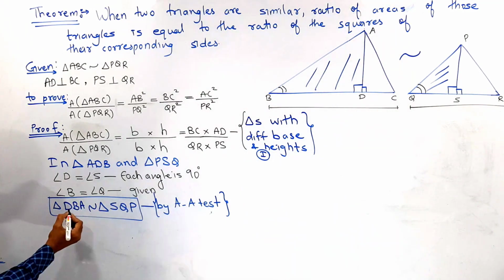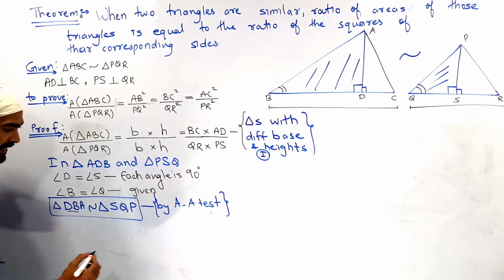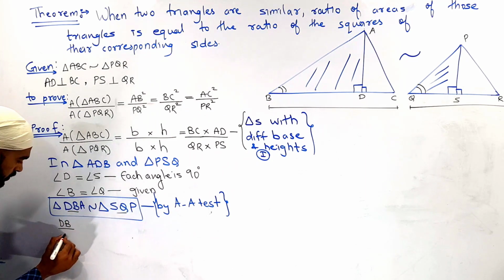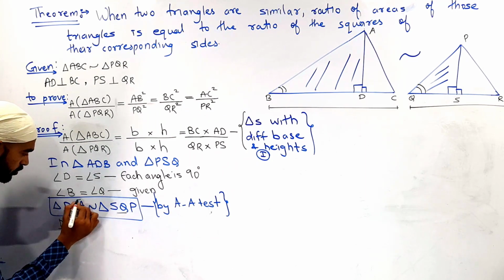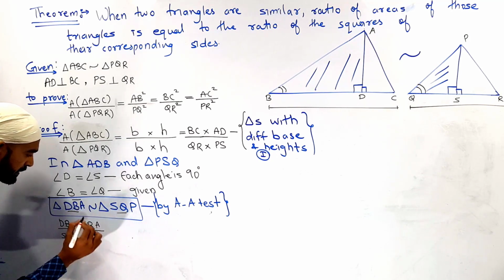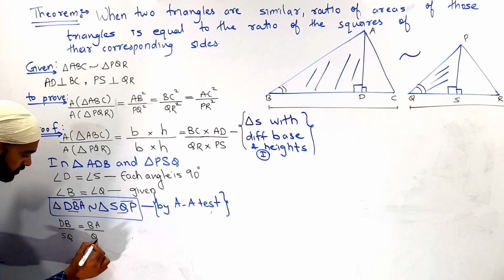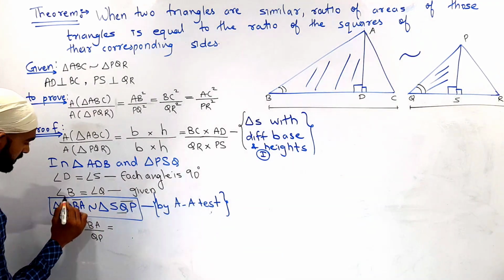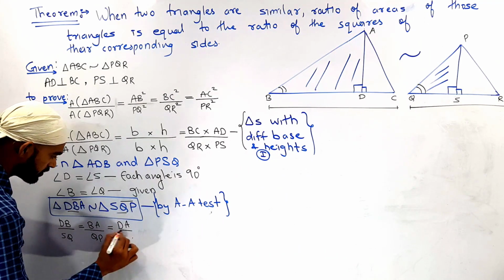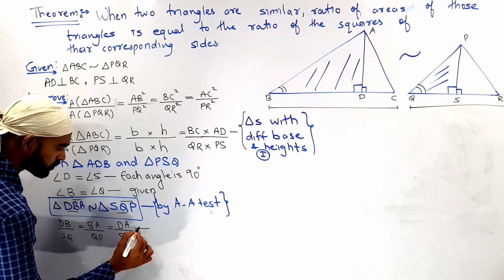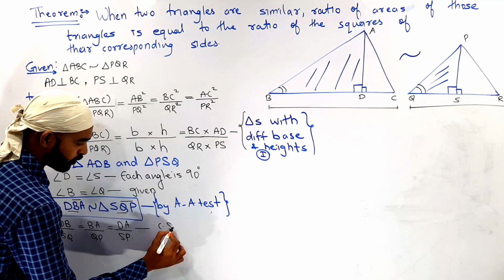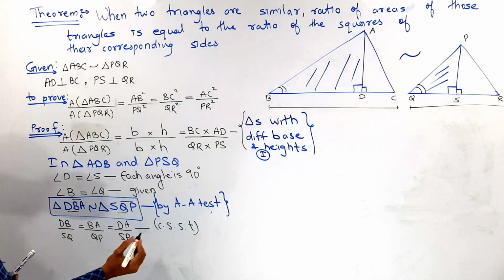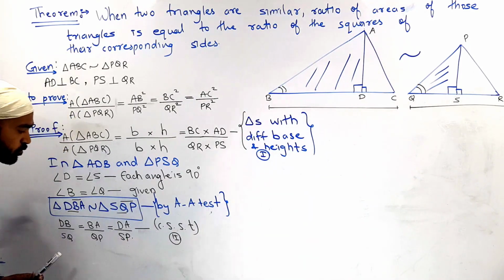Clear, students? Now two triangles are similar, so we can write their corresponding sides. DB upon SQ is equal to BA upon QP, and then the third one, DA upon SP. The reason is corresponding sides of similar triangles, and this will be my equation number 2.